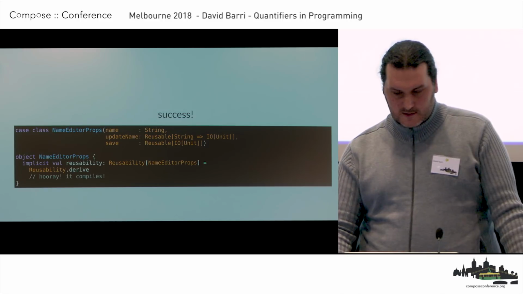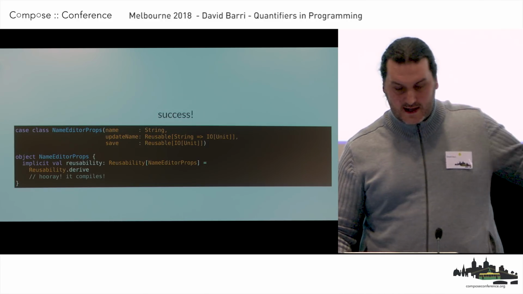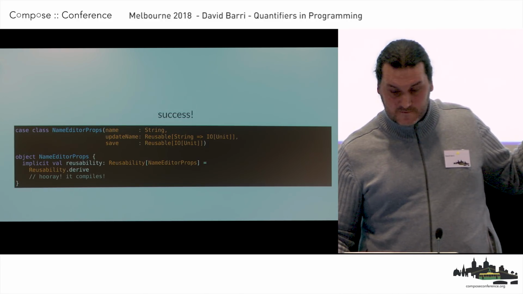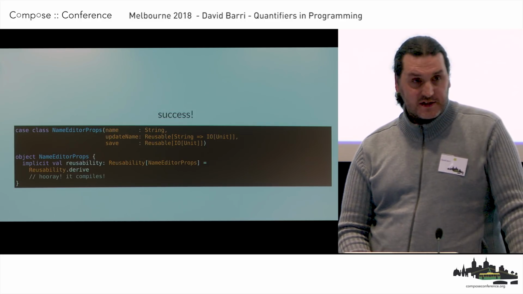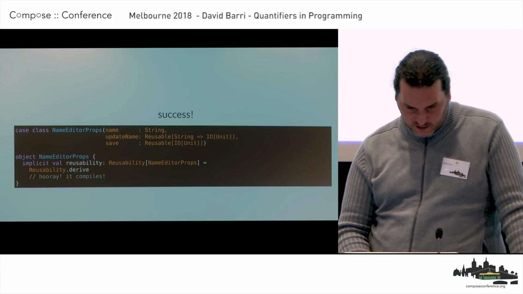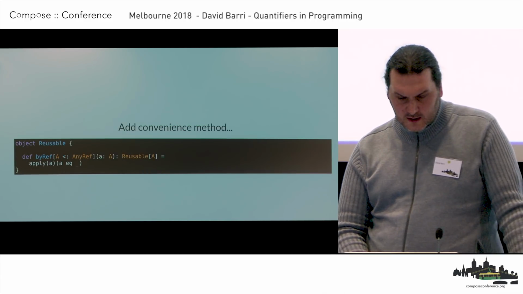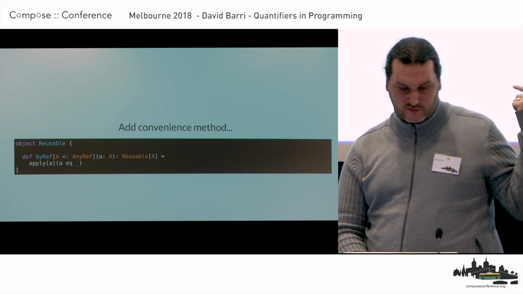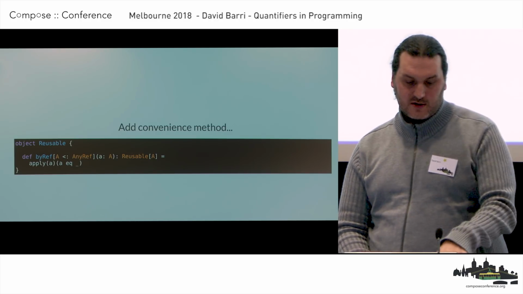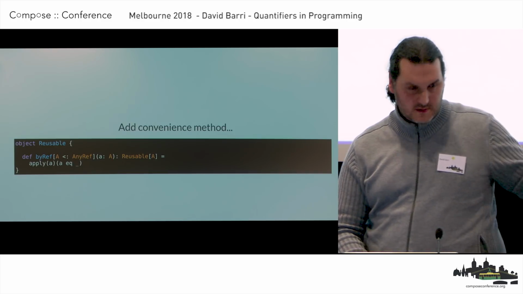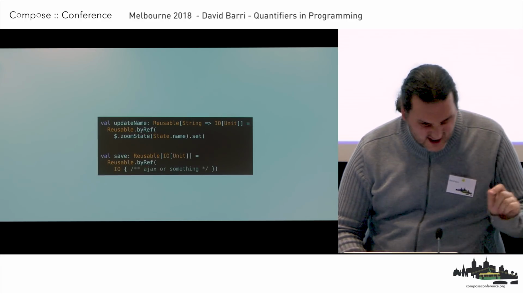Great, success. Now, back to our original use case. We've wrapped our update name and our save fields in reusable. And yeah, derivation works. It all compiles. I'm going to quickly add a convenience method to reusable to say by ref, which will use reference equality. Here you can see all I'm doing is just taking that term and then generating the function.